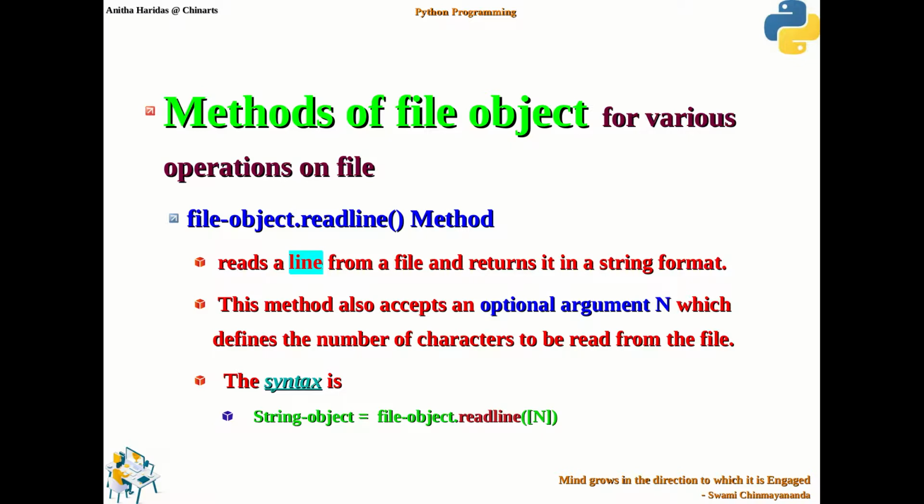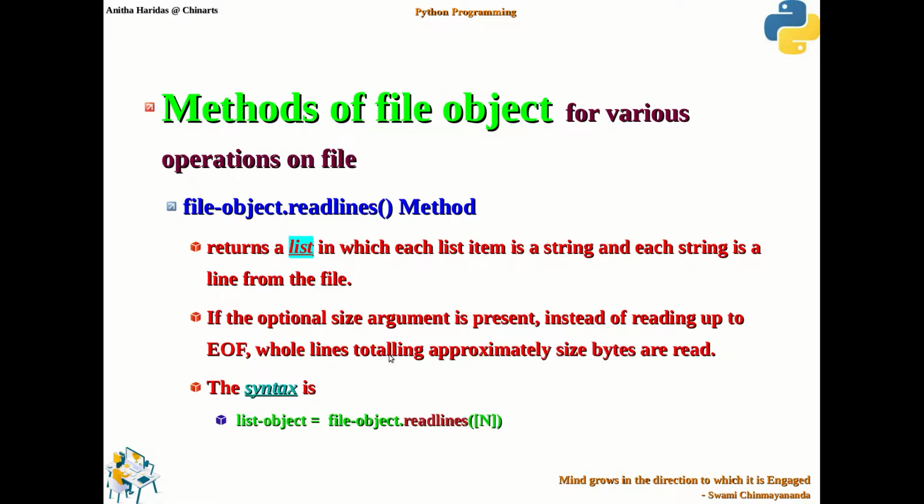If you give the optional argument n, it reads only that many characters. Readlines will read multiple lines, but each line will be a string stored in a list. Each line will be stored in a list and the list will be returned. And again, an optional size argument can also be specified.